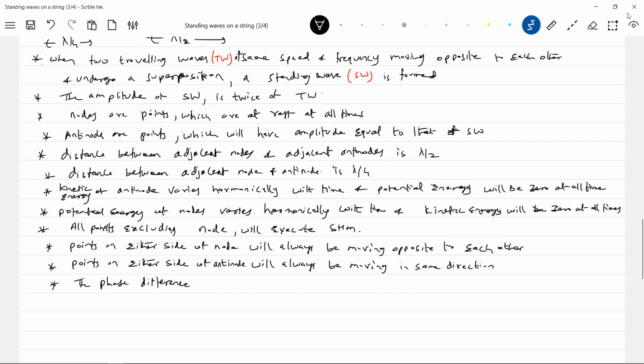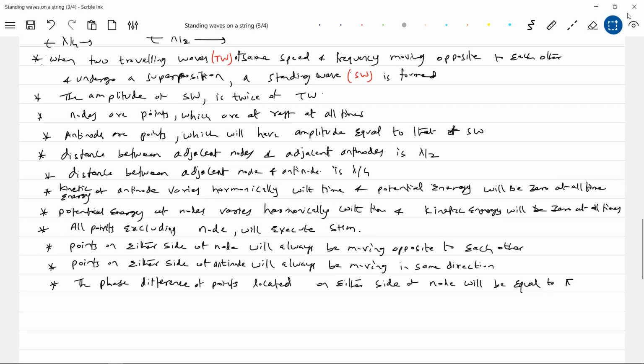The phase difference of points located on either side of a node will be equal to pi.